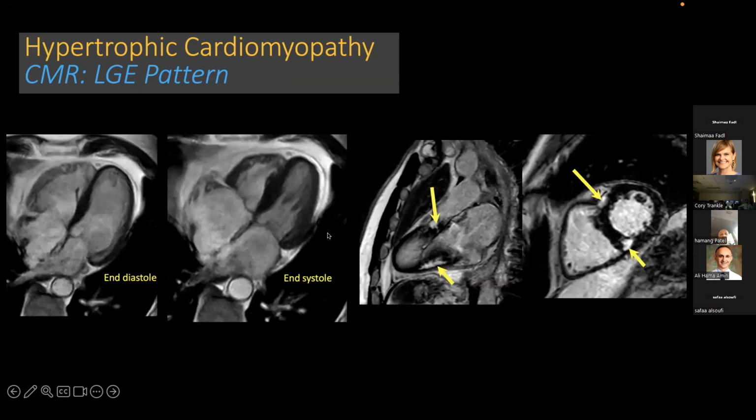And it can be really helpful in some patients, like in this patient with genetic positive HCM, but at the same time normal wall thickness. But you can see the characteristic enhancement pattern at the RV insertion sites for this patient, which goes with a thin filament or gene positive HCM.